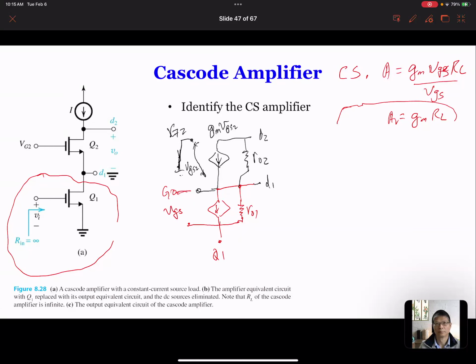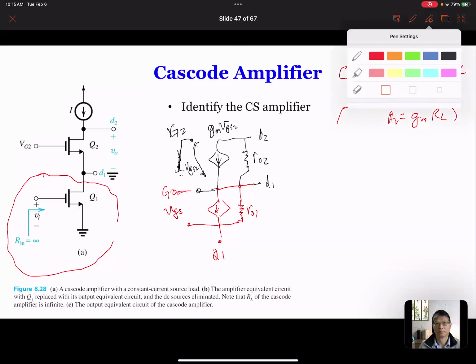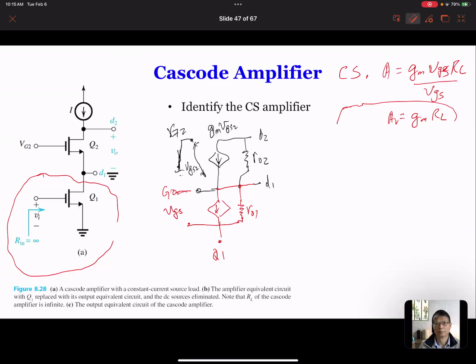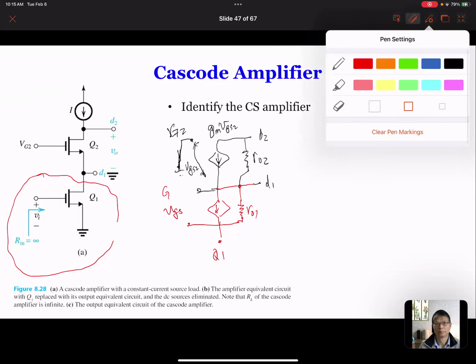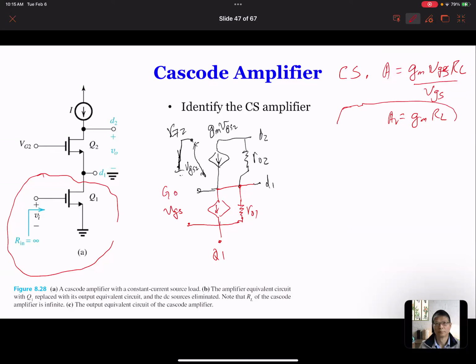And then VGS1, of course, is our input, right? So let's make sure that it's not connected. I just want to make sure it's not connected. So VG2, so that's VGS1.